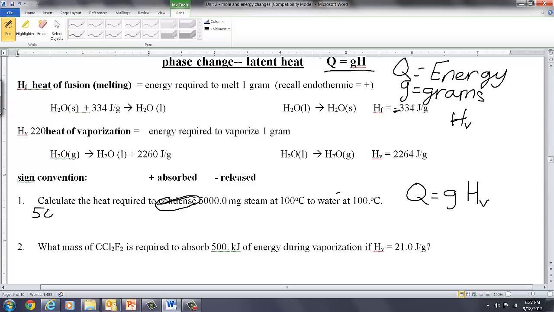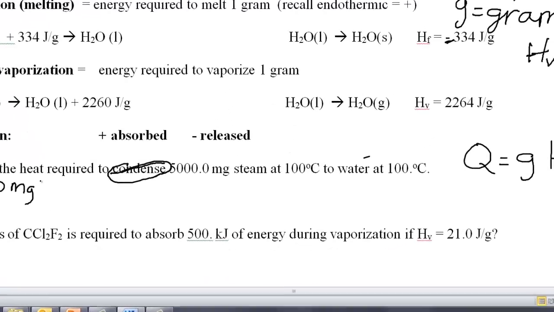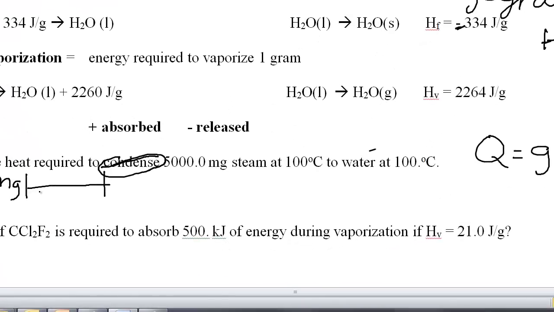Man, this is when we have to do some more conversions. Dimensional analysis. Milligrams, I need to go to grams. 1,000 milligrams, 1 gram, means you're going to be dividing. So what do I have? I have just 5, and I'm keeping all my sig figs, that's 5 grams of water.